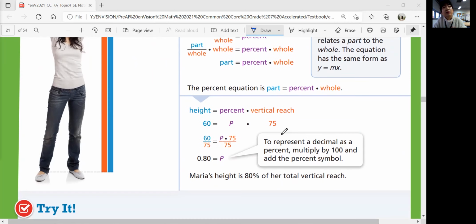If you solve for P, divide by 75 on both sides, and 60 divided by 75 is 0.80. So that's equal to 80%. Marie's height is 80% of her total vertical reach.